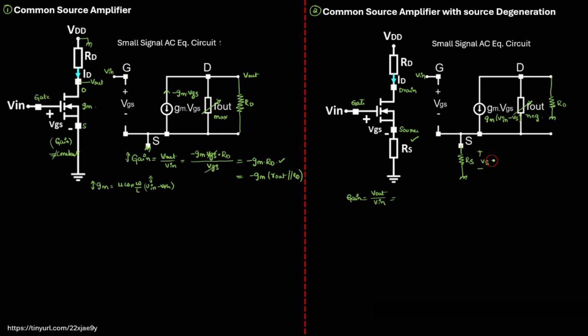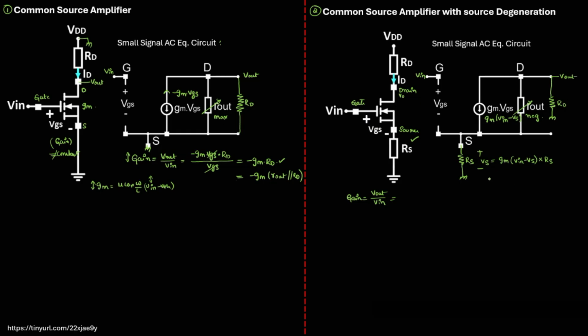VS is nothing but the current GM times V input minus VS, conducted into the resistance RS. If we take V output across the drain terminal, this is where I collect my output, so V output is nothing but the current flowing into RD.